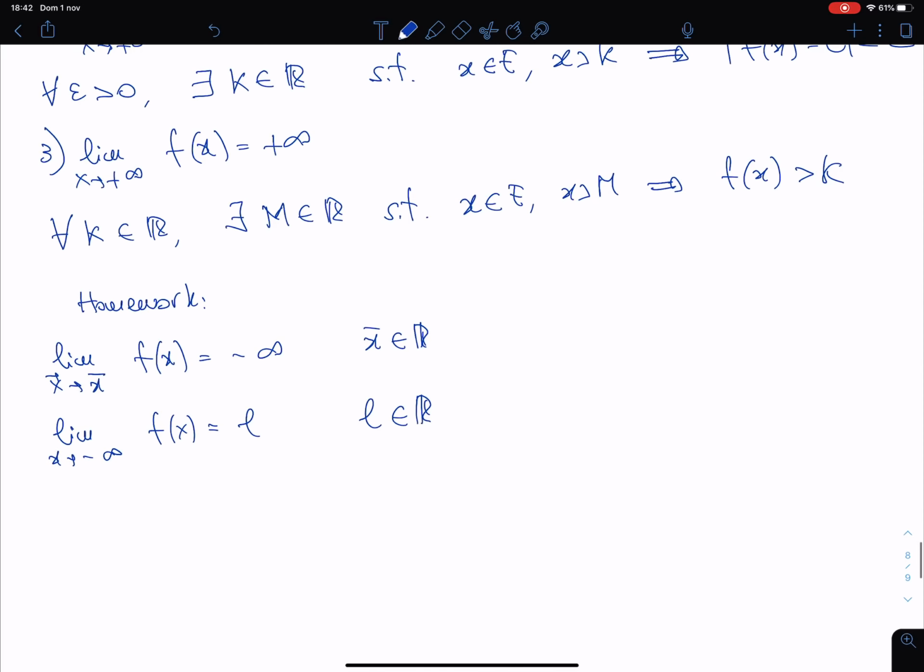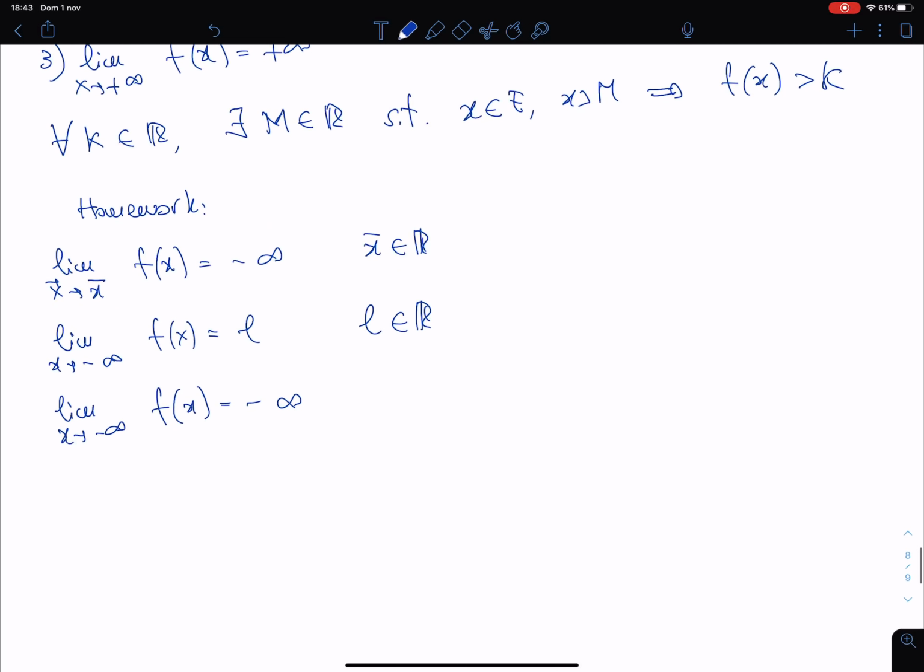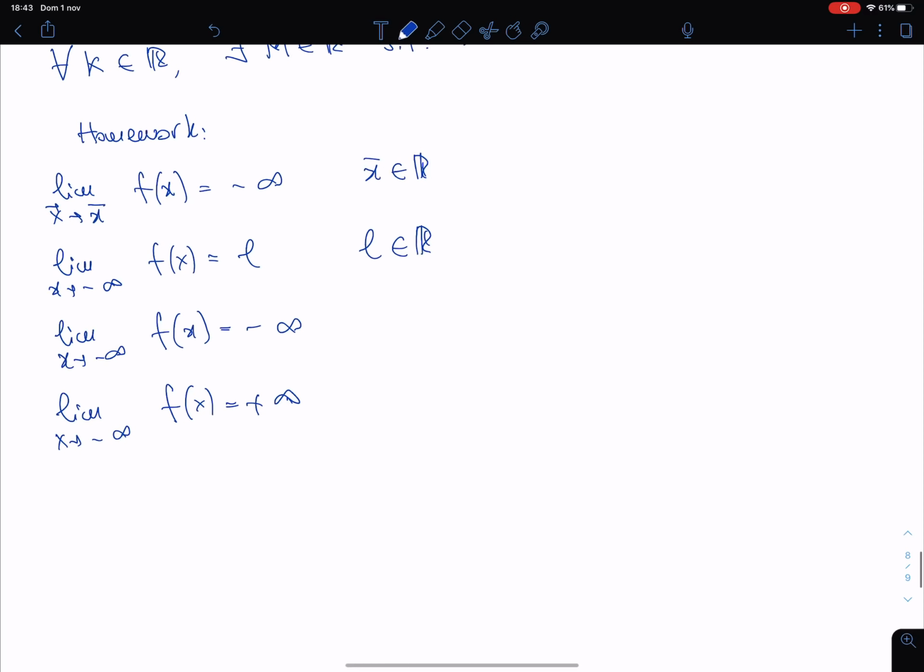Then the limit x going to minus infinity, f of x is equal to minus infinity. Then the limit x going to minus infinity, f of x is equal to plus infinity. And the last one, the limit for x going to plus infinity, f of x is equal to minus infinity.